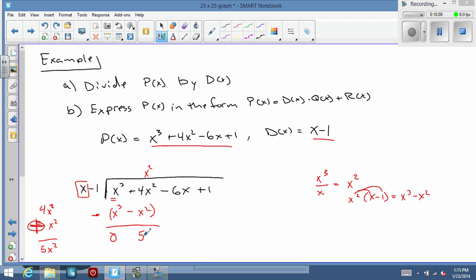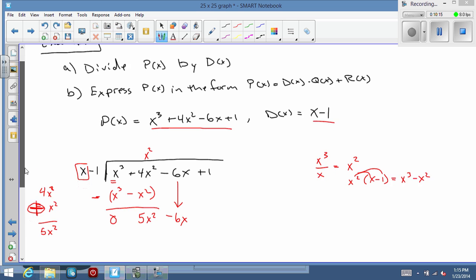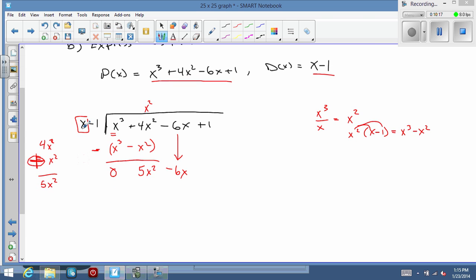So down here I write 5x squared, and then I bring down the minus 6x. Now I ask, how many times does x go into 5x squared? I can go over here and do my work, 5x squared over x. I can simplify this, and the one x cancels out. I'm left with 5x. So that number is positive, so plus 5x over here.